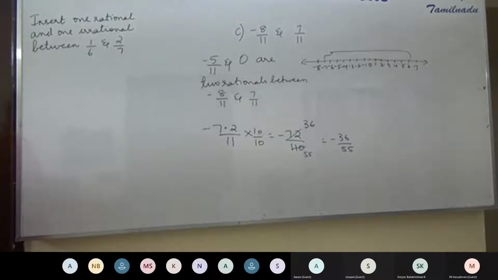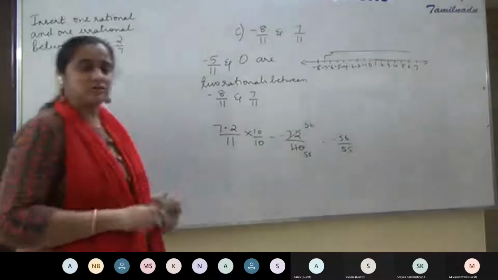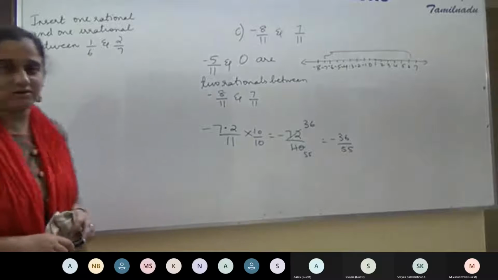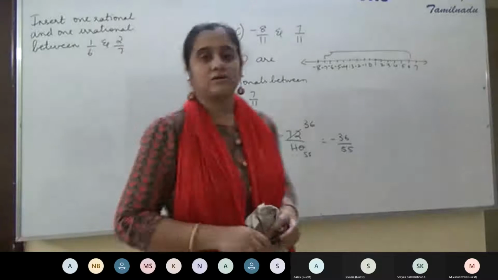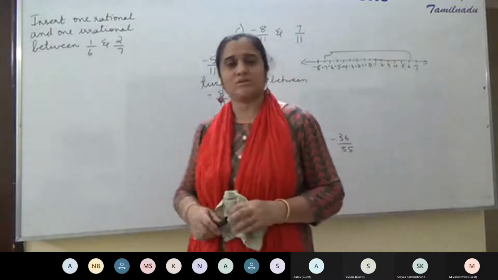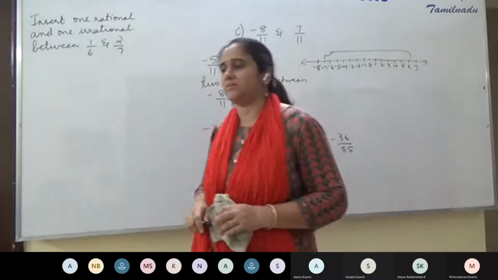Insert one rational and one irrational between 1 by 6 and 2 by 7. We just understood how to insert a rational number between two given fractions. Please do that and tell me.